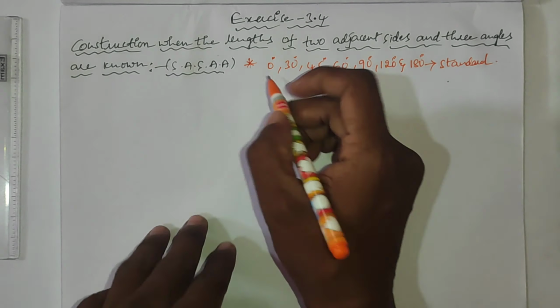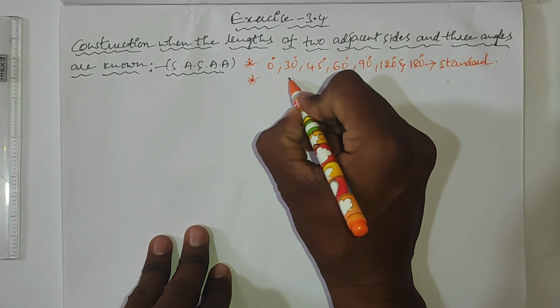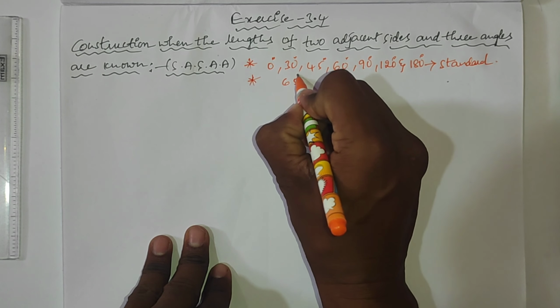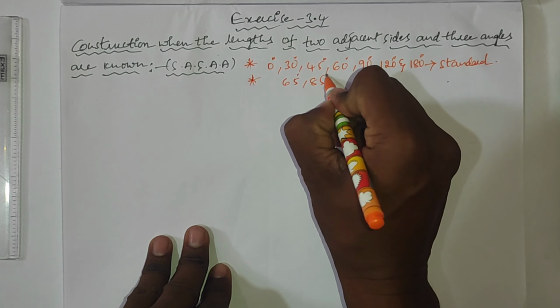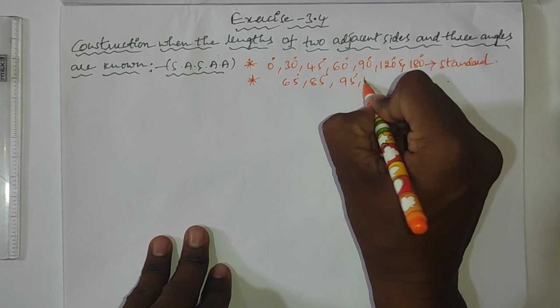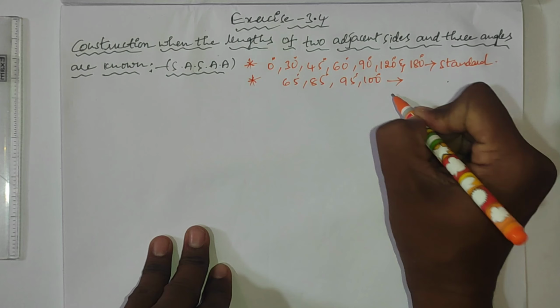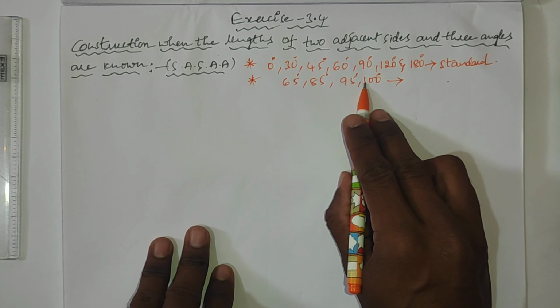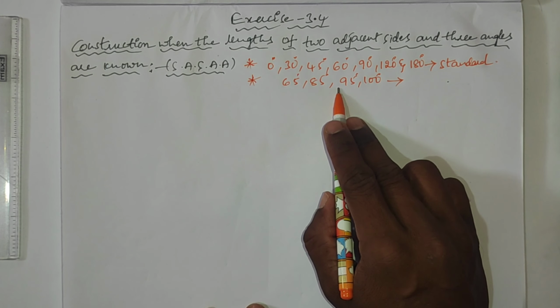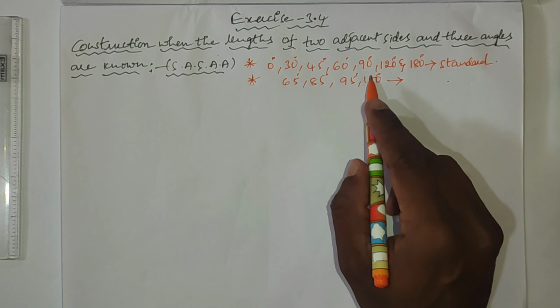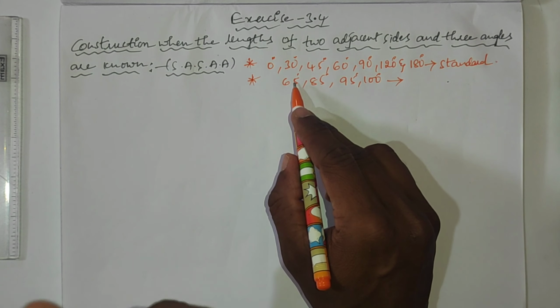Some other angles, for example 65 degrees, 85 degrees, 95 degrees, 100 degrees, we can also construct with a compass, but that will face some more difficulty.